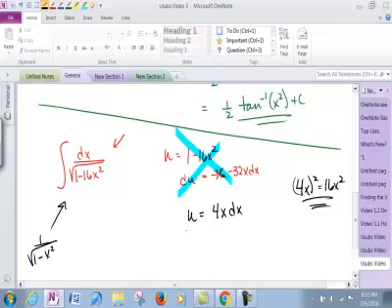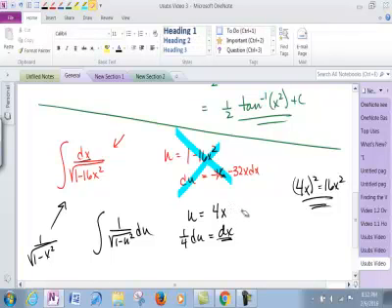All right, so now I've got 1/4 du equals dx, and this integral now becomes the integral of 1 over the square root of 1 minus u squared du. Oh, I made a mistake here.